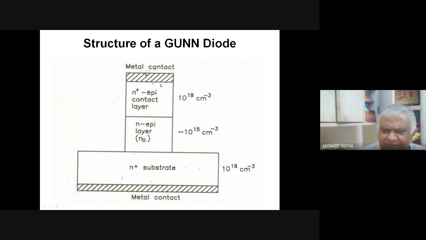Maybe some small resistance difference because of the carrier concentration difference. That's why this type of contact is called an ohmic contact, that I told you earlier. And if you deposit metal directly over N or P, then that is called a diode or rectifying contact. So that is why the two metal layers are there.